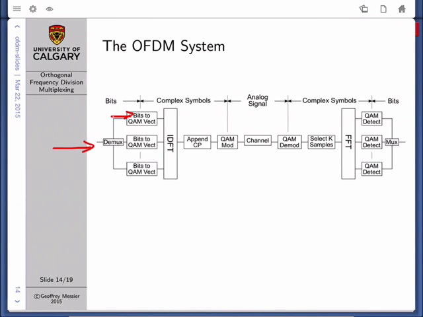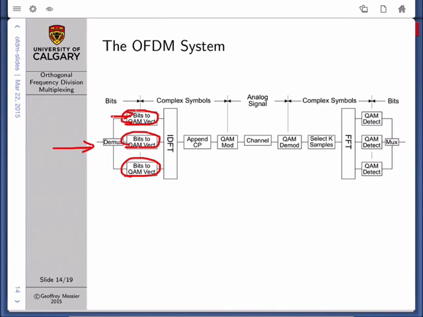Each one of these blocks generates the QAM symbol for a different orthogonal subcarrier. All of these QAM symbols then go to the inverse DFT operation, or the inverse FFT, and that inverse DFT basically takes all those QAM symbols and in one step generates all of the orthogonal subcarriers and adds them all together.